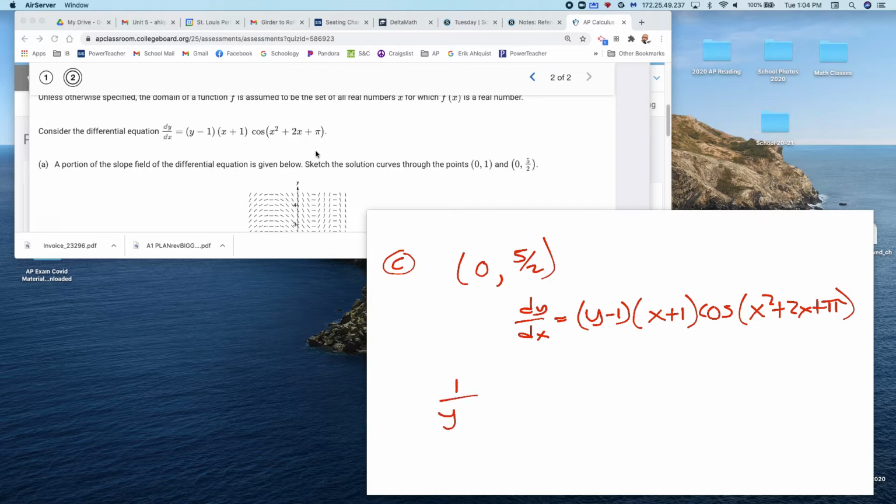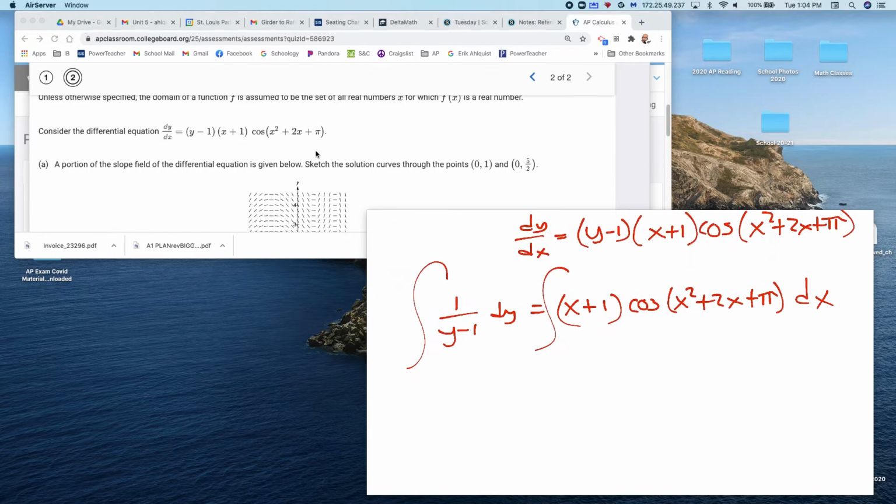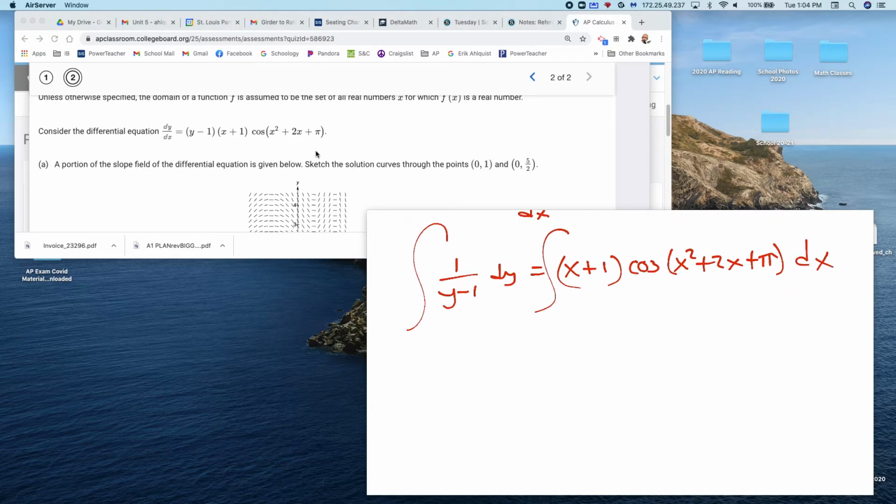So 1 over y minus 1 dy is equal to x plus 1 times cosine x squared plus 2x plus pi dx. And I'm going to integrate the left side and integrate the right side. The integral of the left side, we have done several of those. The integral of the left side is just the natural log of y minus 1. The integral of the right side, we're going to make u equal to x squared plus 2x plus pi.